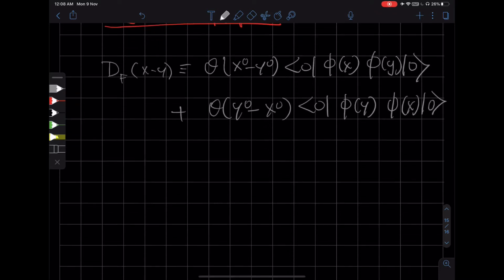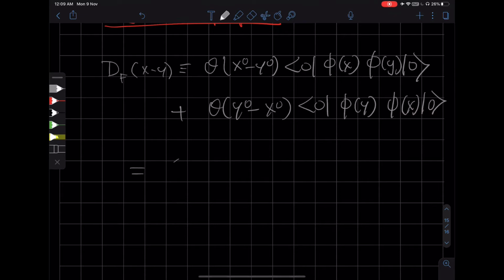Now this is also written as the vacuum expectation value of the time ordering operator T of φ(x) and φ(y). So what is T?